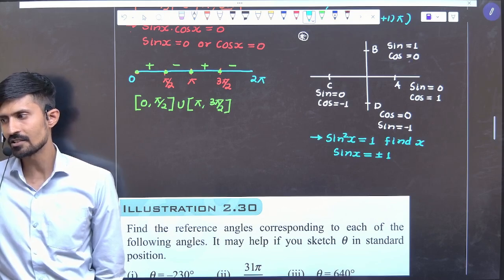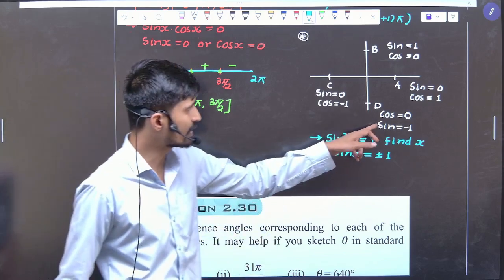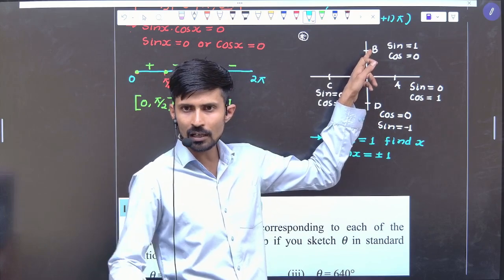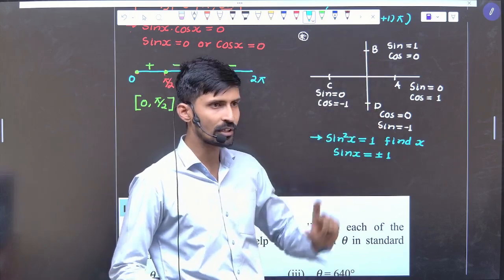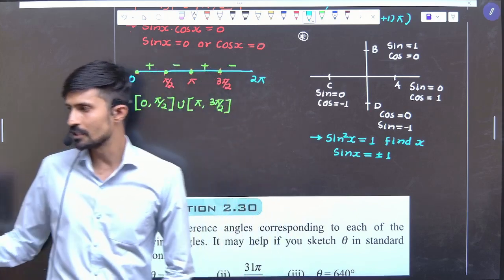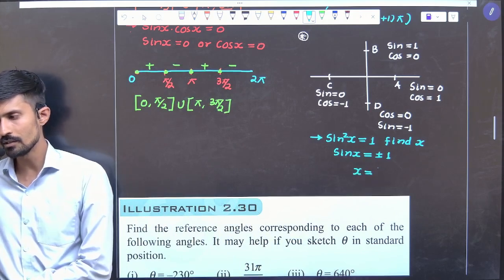And sine x is equals to 1 here, and sine x is equals to minus 1 here. Do you remember last class I said B and D point collectively will be 2n plus 1 pi by 2? It means here answer will be x is equals to 2n plus 1 pi by 2.